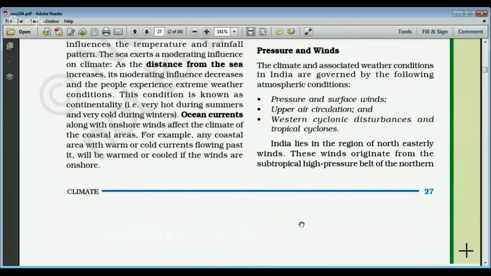First is the pressure and surface winds, then upper air circulation, also known as the jet stream, and third is the western cyclonic disturbance, which comes in the months of January and February and helps in the cultivation of rabi crops like wheat, and then the tropical cyclones, which come in the months of October and November on the eastern coast of India. These are some of the very important pressures and winds in the Indian monsoon.